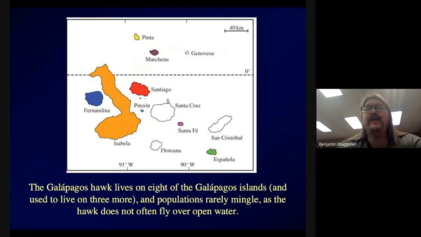Española hawks very rarely would fly to any of the other islands. There might be a bit more exchange between Isabela and Fernandina. Notice that those two are very close to each other. Santiago is also pretty close to Isabela, sorry. But certainly those outer islands are farther away, and hawks there are very rarely going to cross water to reach another island.